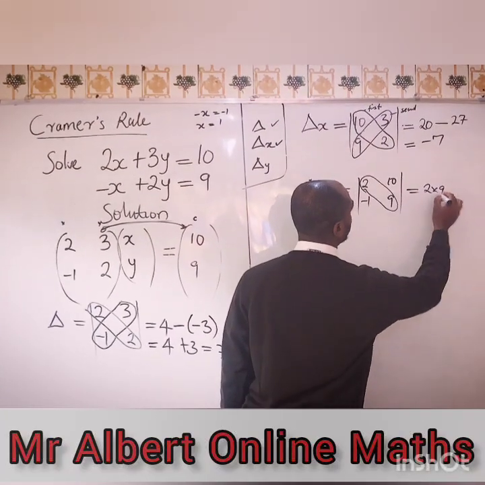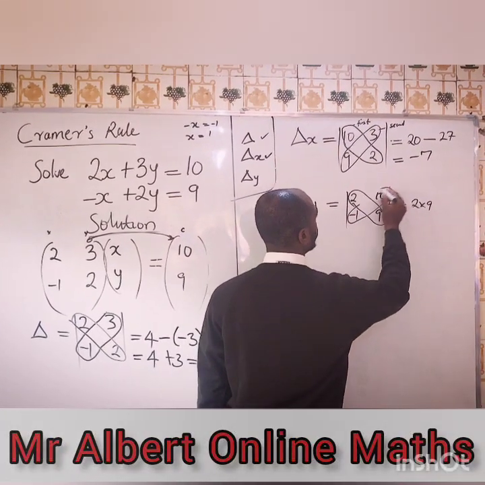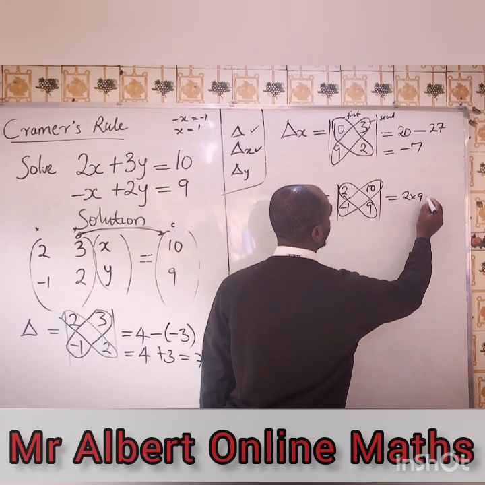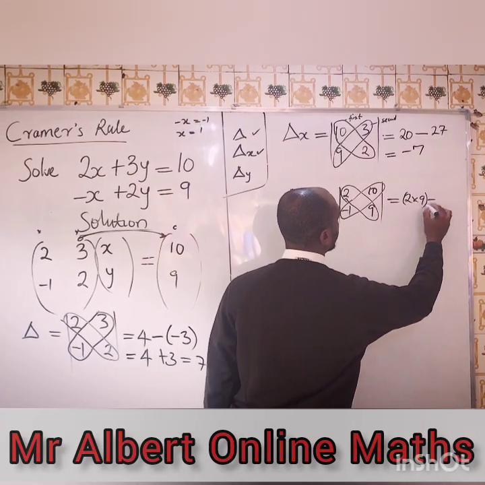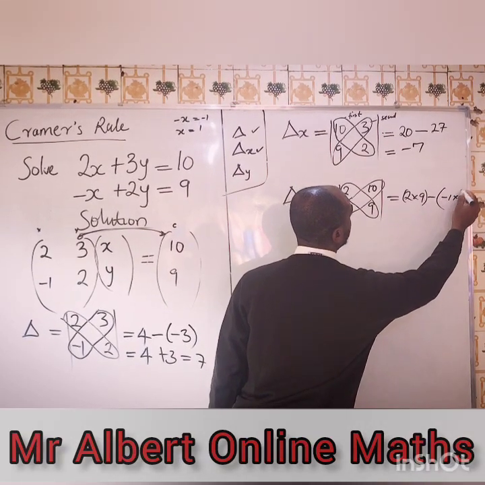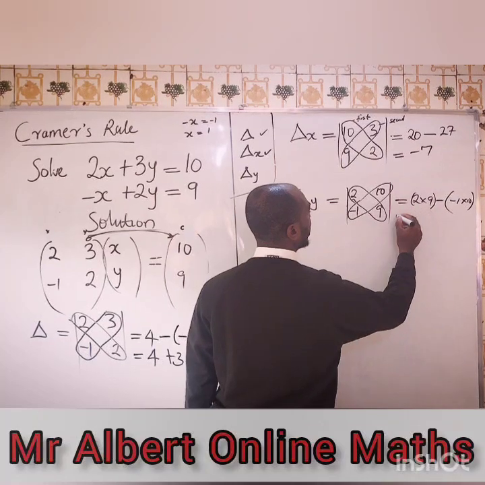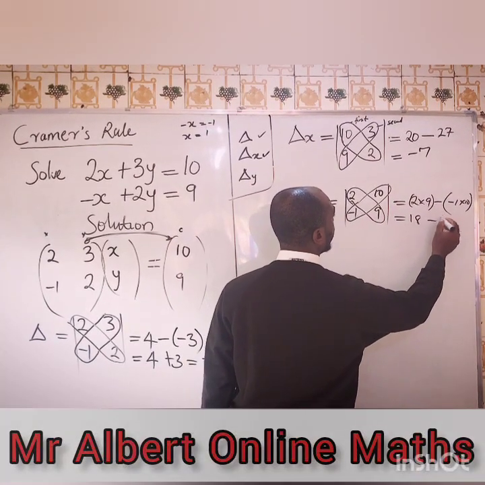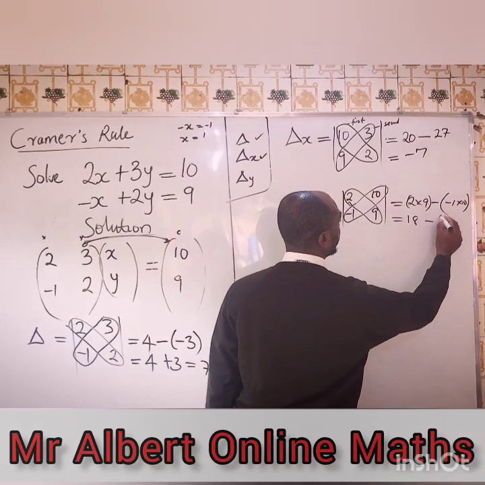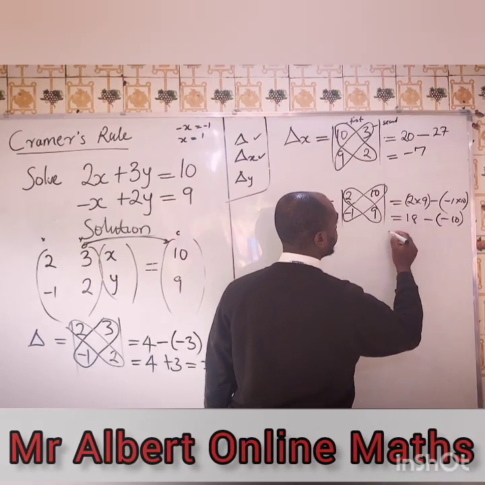2 times 9 minus 2 times 9, that gives us, then we have minus 1 times 10. 2 times 9 is 18. 1 times 10 times negative 1 is negative 10.